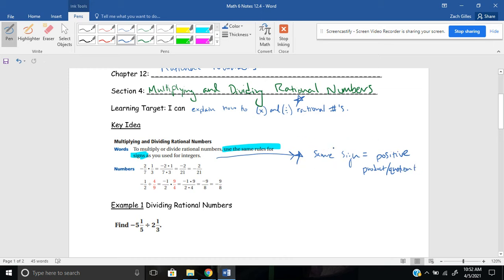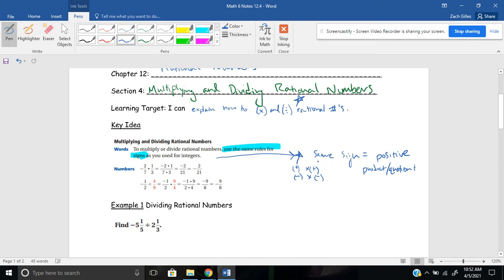So that would be like a negative times a negative, two of the same sign, or a positive times a positive. We know that when we multiply two positives, we obviously get another positive, but it's the same with two negatives. When you multiply two numbers with the same sign, you get a positive answer.